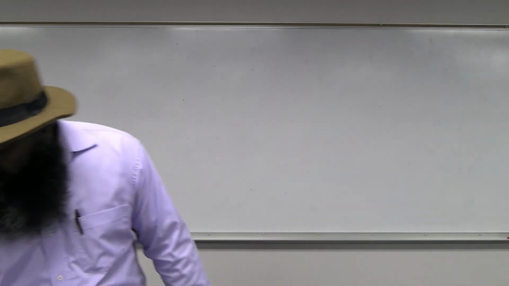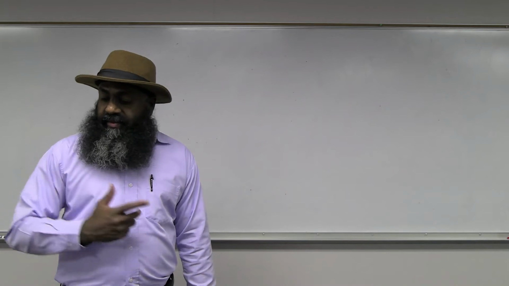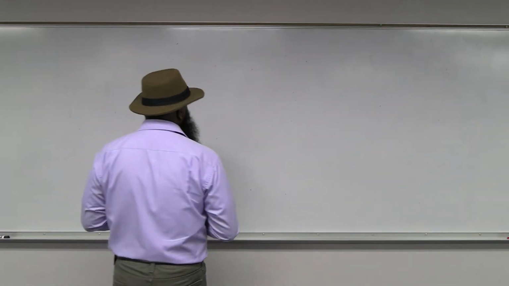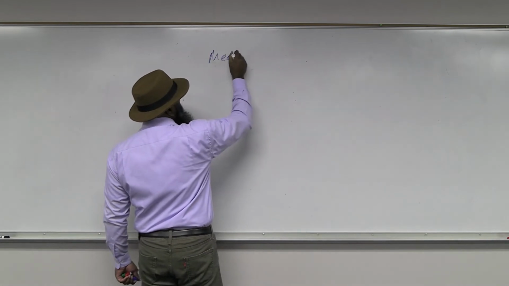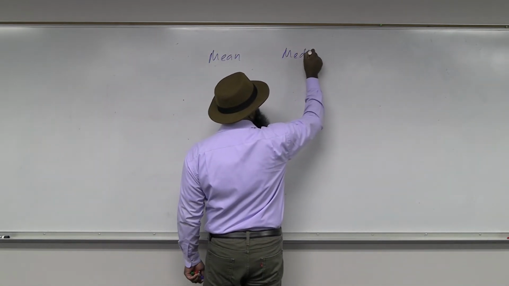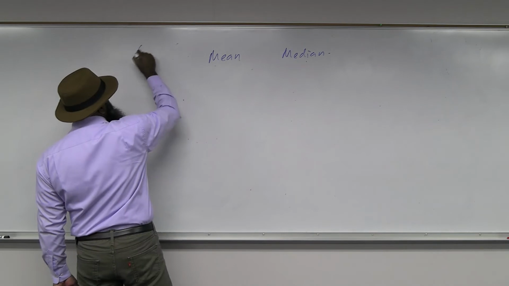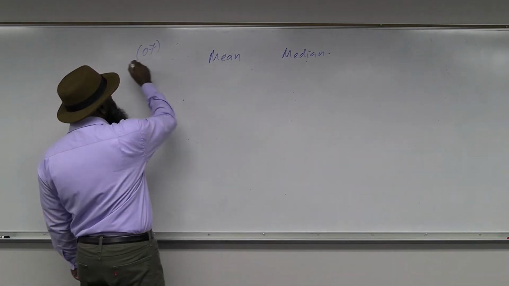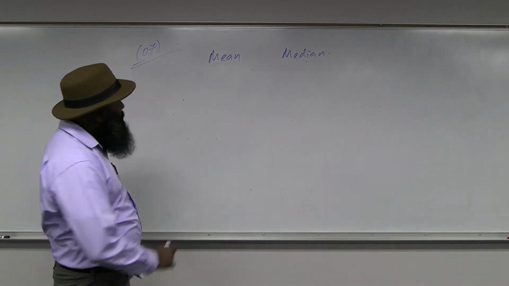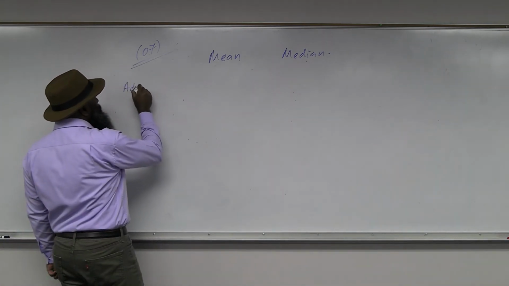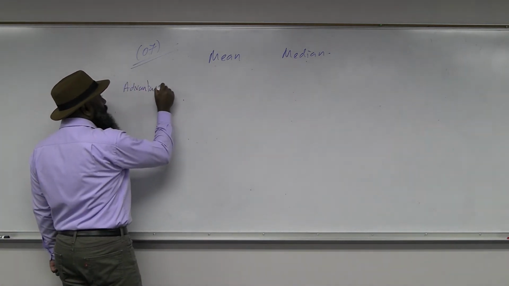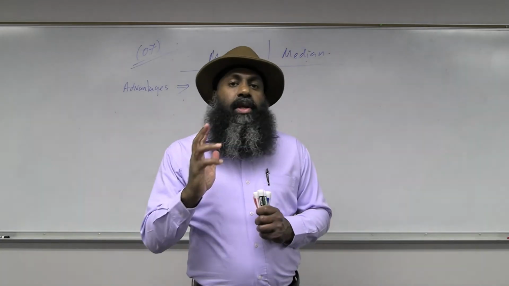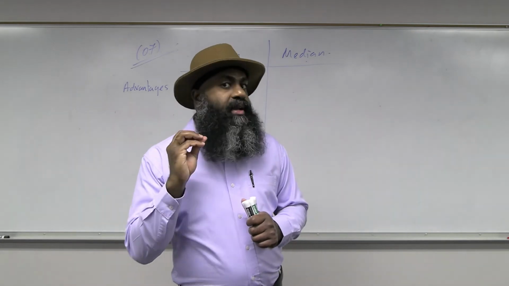Let's move on to point number 7, advantages and disadvantages of measures of center. So for measures of center, we have mean and median. This is under point number 7. Now what are the advantages? The advantage of mean is that it actually uses all the data points that we collected.